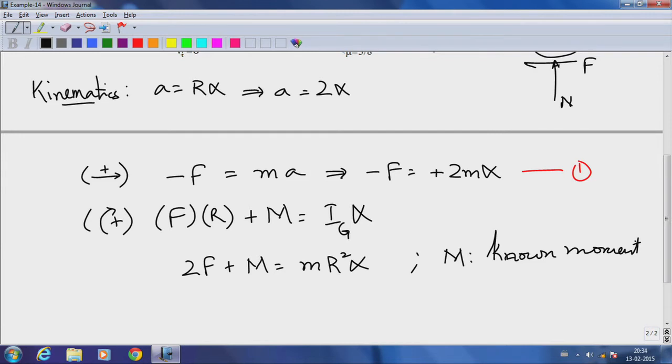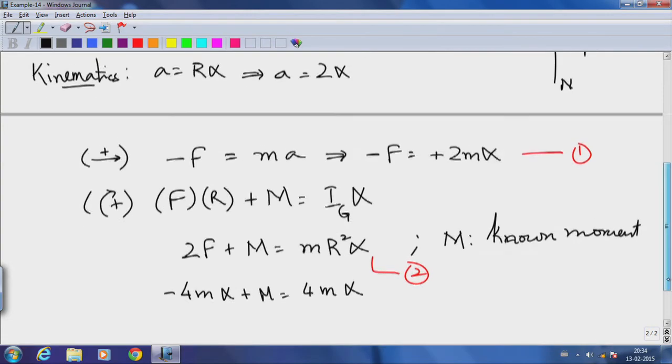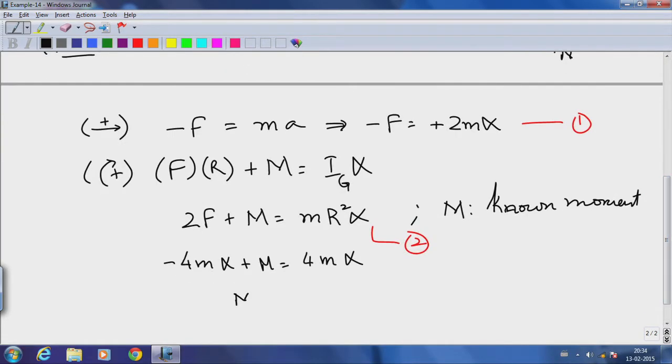So, I will substitute equation 1 into equation 2. That says F equals minus 2 m alpha. So, this is minus 4 m alpha plus M equals 4 m alpha, r being 2. So, M equals 8 m alpha, which implies alpha equals M over 8 m. m is the mass of the hoop itself.